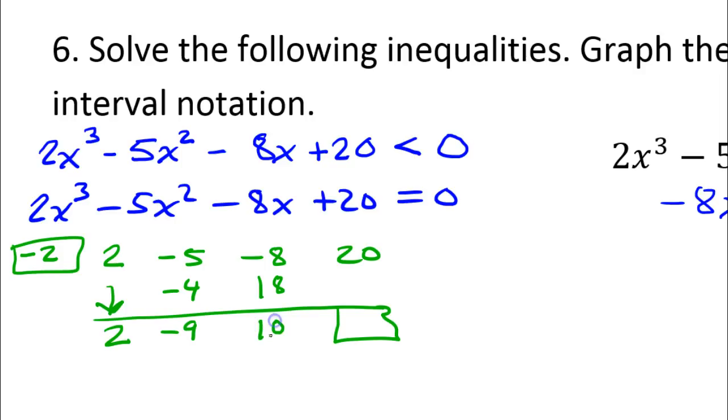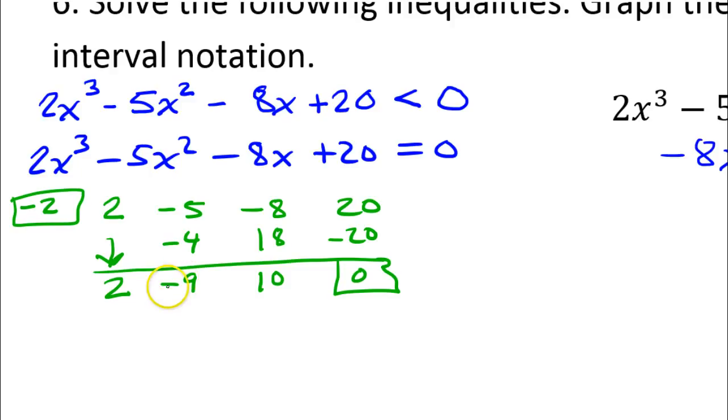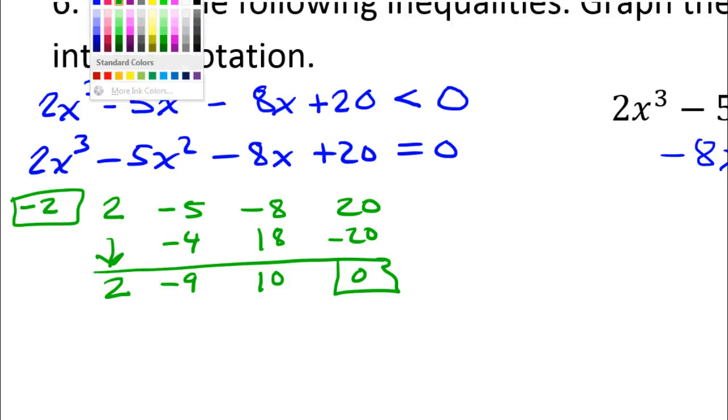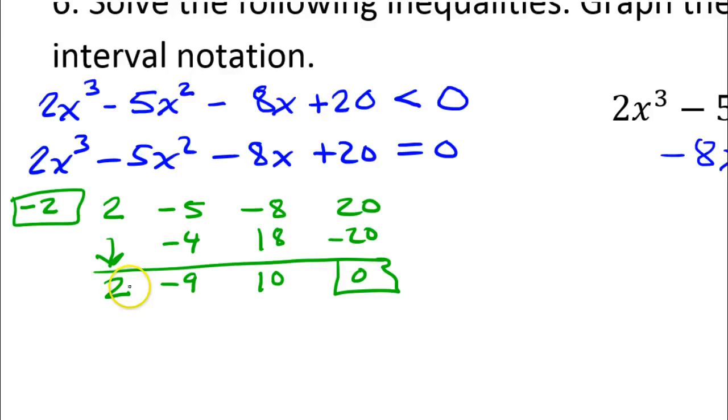That makes 10. 10 times -2 is -20. Then I have 0. Putting the variables back in here, this is the constant, this is the x term, and this would be the x squared term. This -2 means that we have a factor of x plus 2, by the way.